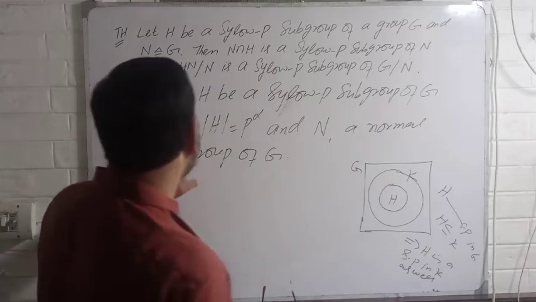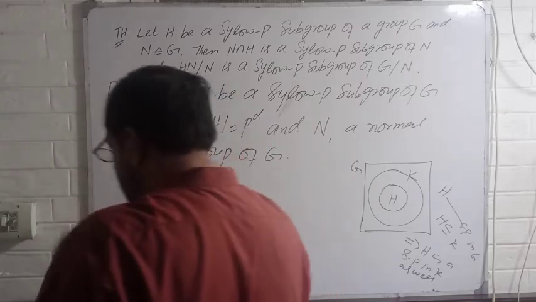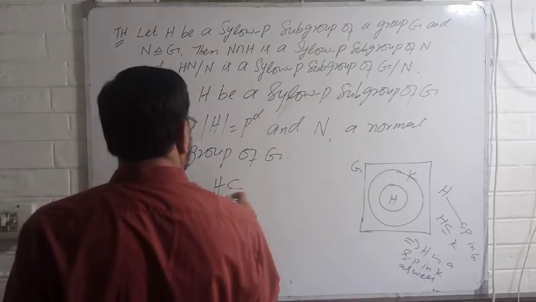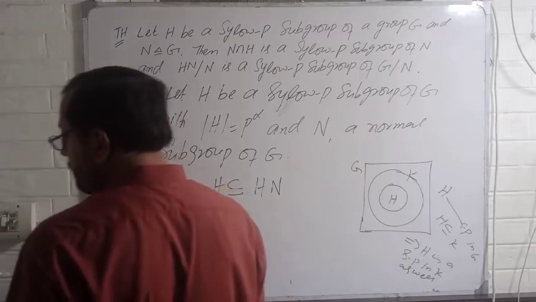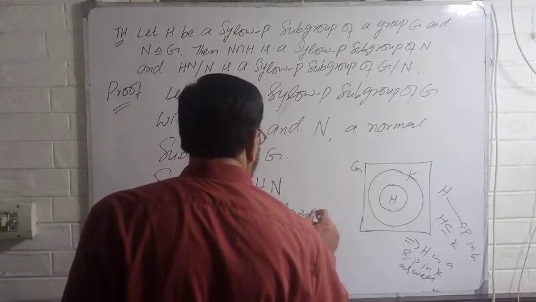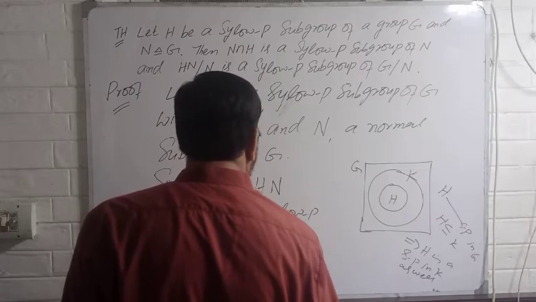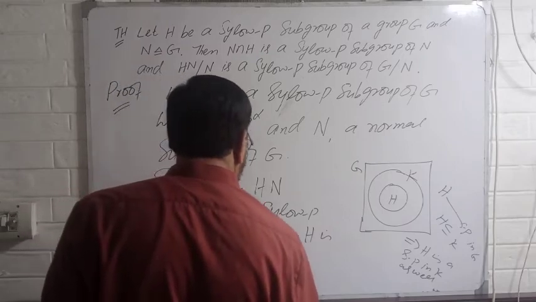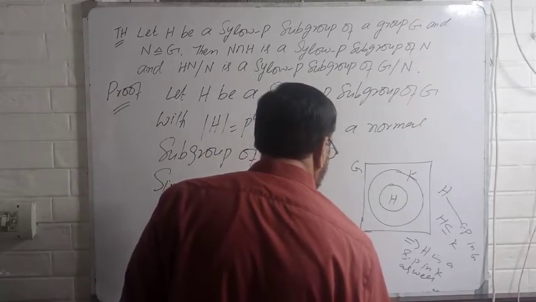Now look here. Since H is a Sylow-p subgroup of G and H is contained in HN, H is a Sylow-p subgroup of HN as well.